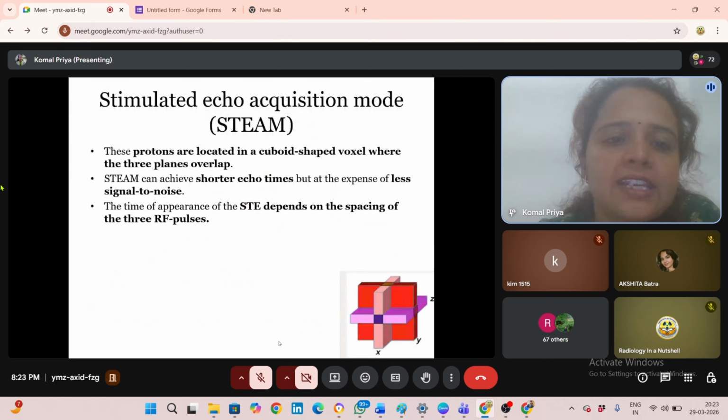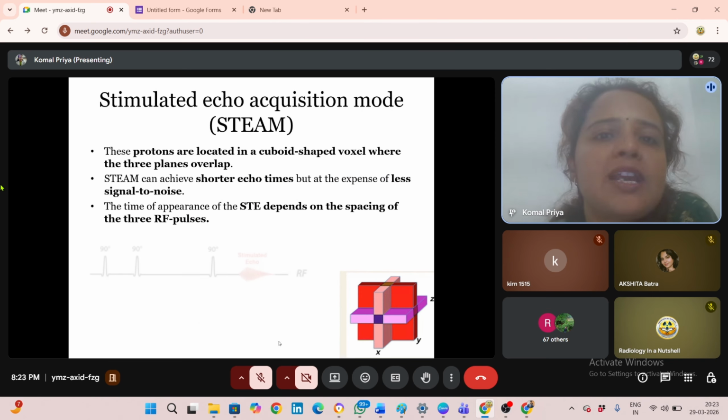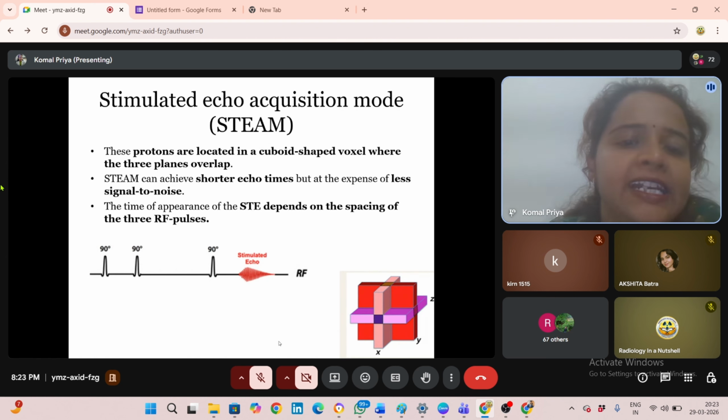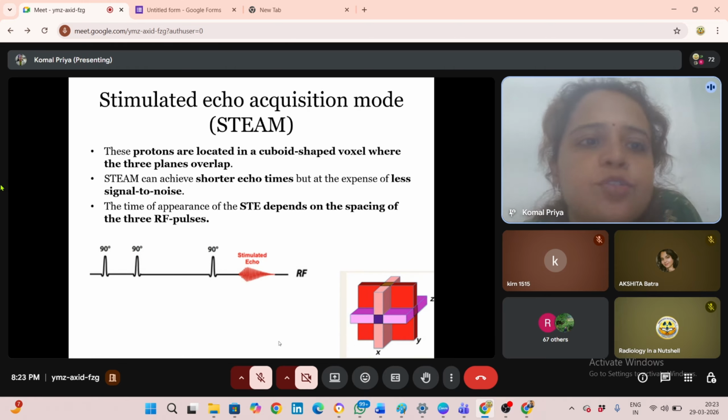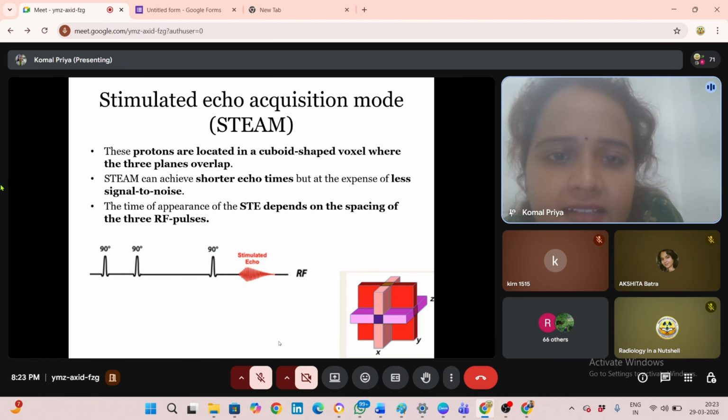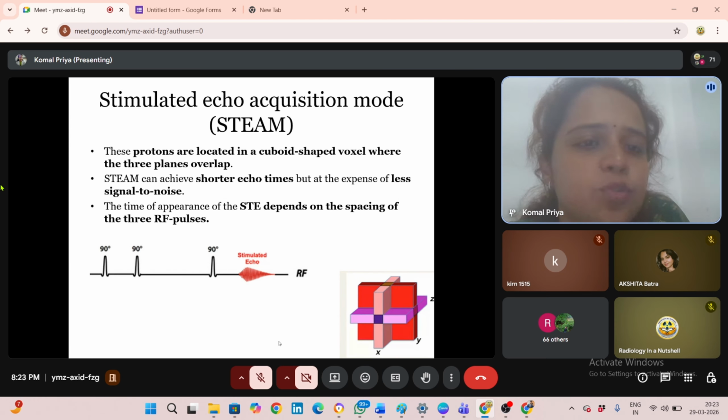So the two techniques are, first, stimulated echo acquisition mode. In this, what is happening? You are seeing 90 degree, 90 degree, 90 degree, and stimulated echo. These protons are located in a cuboid shaped voxel, right? All these protons that you can see in the X, Y, Z intersecting slices are located in your cuboid shaped voxel where these three planes overlap.